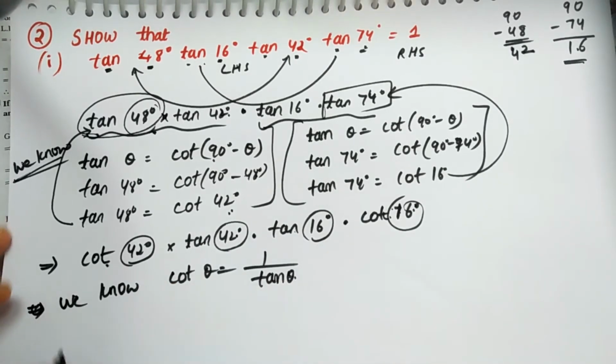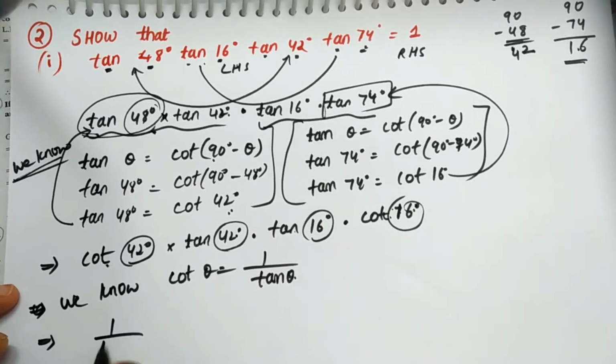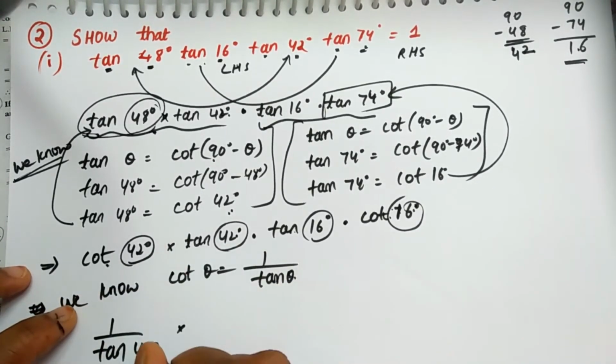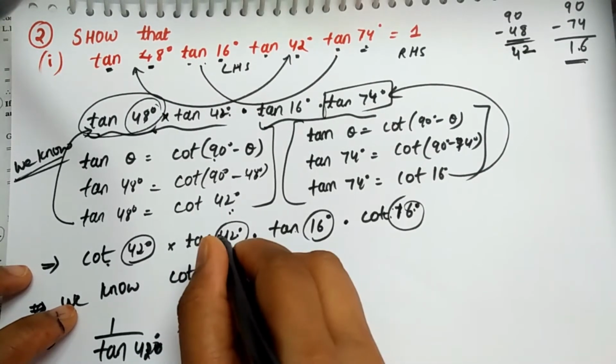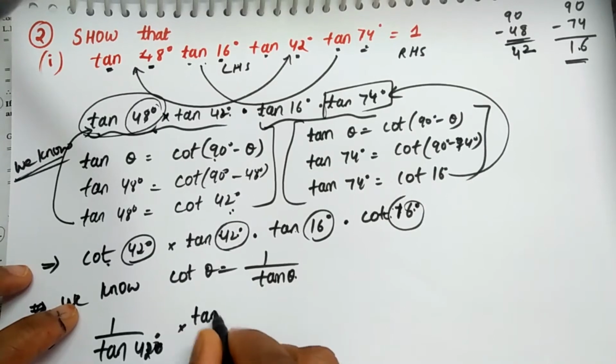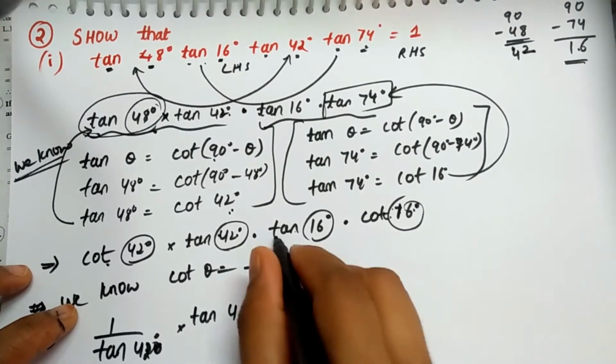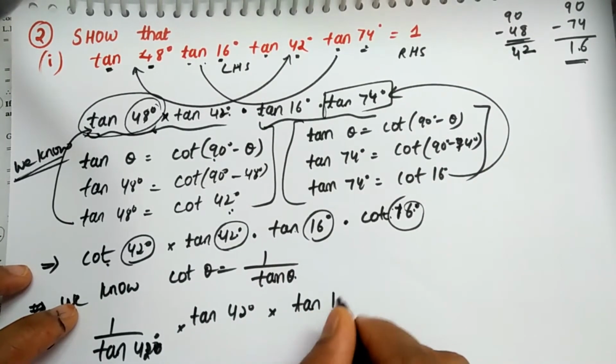So we are just replacing the cot values with tan: 1 by tan 42 degrees, into tan 42 degrees, not 420, sorry. And tan theta we are keeping as it is, tan 42 degrees into tan 16 degrees.